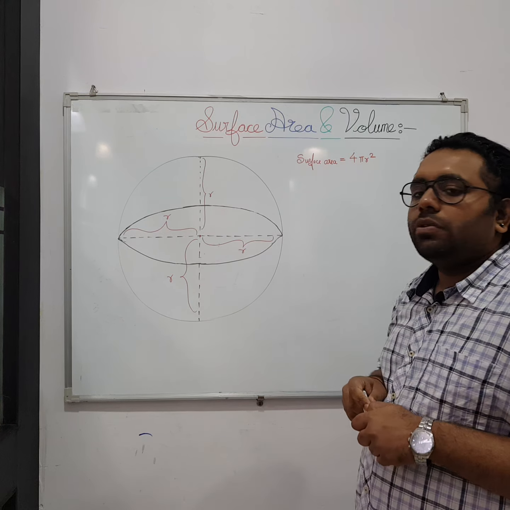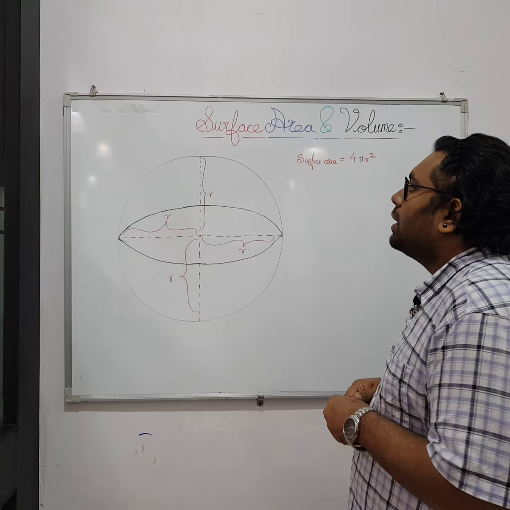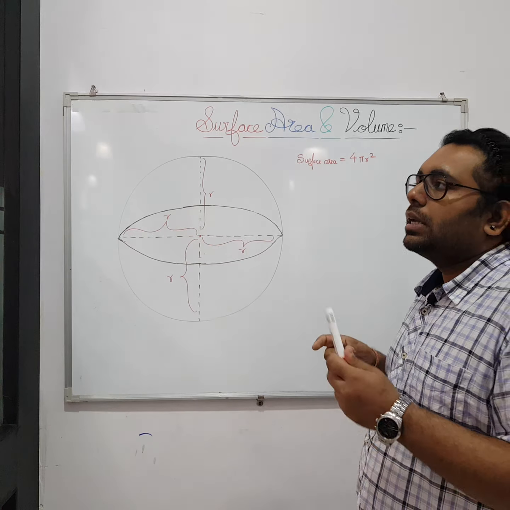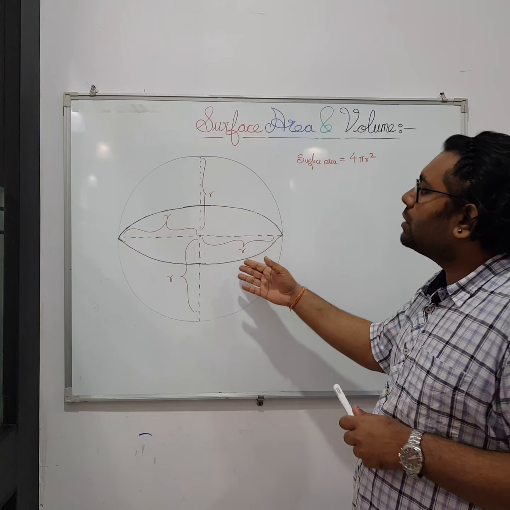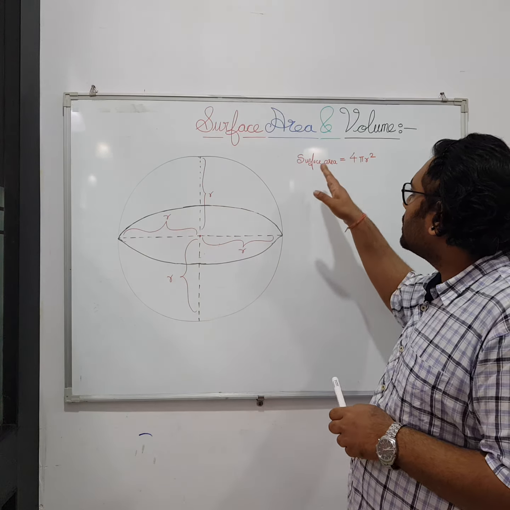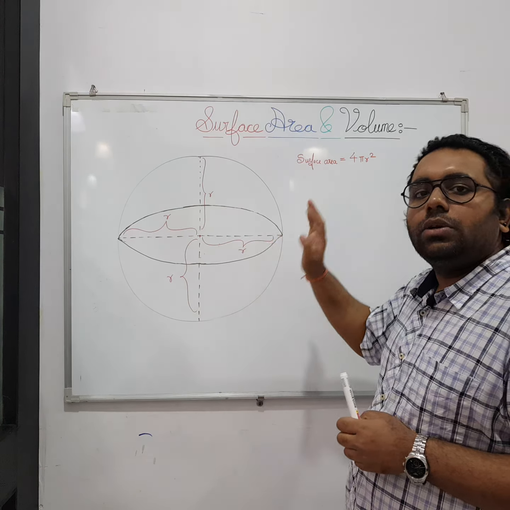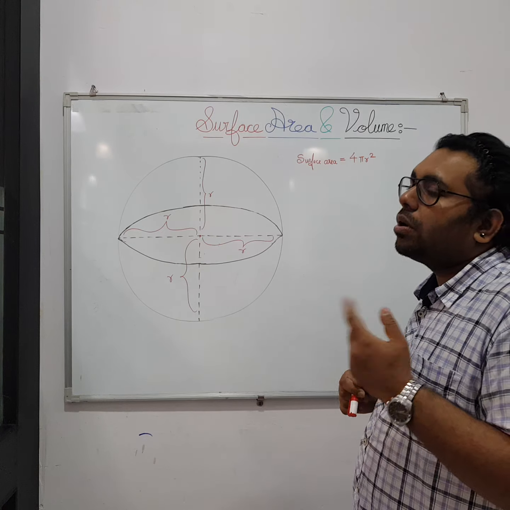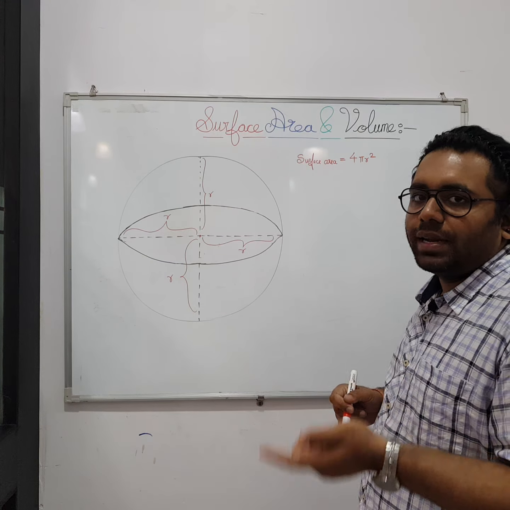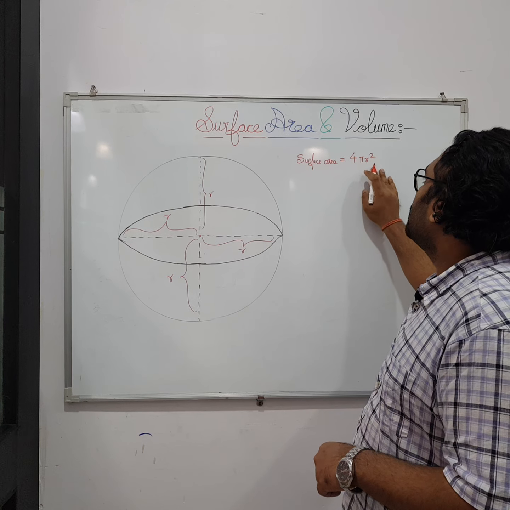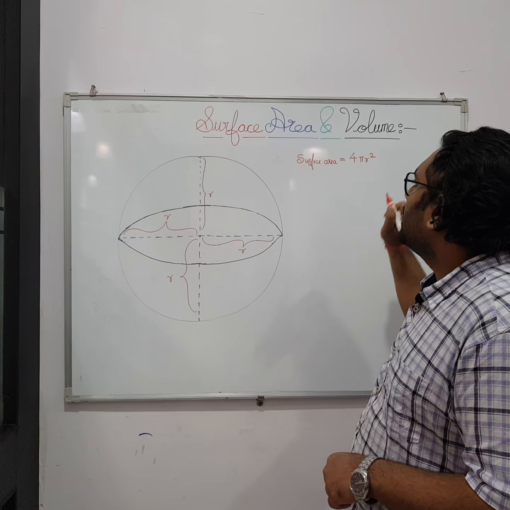Some of you must be thinking, why is sir not defining curved surface area and total surface area separately? There is a reason for that, because for a sphere only surface area exists, or in short the curved surface area is the total surface area, which might not be the scenario for hemisphere, but we will see that later on. So the surface area of a sphere is nothing but 4 pi r square.